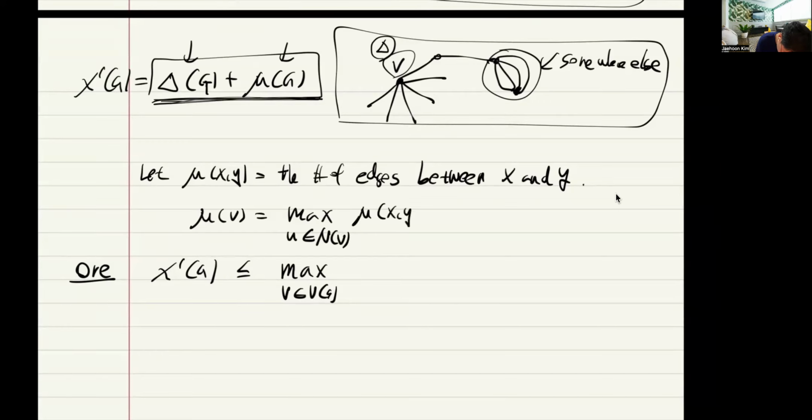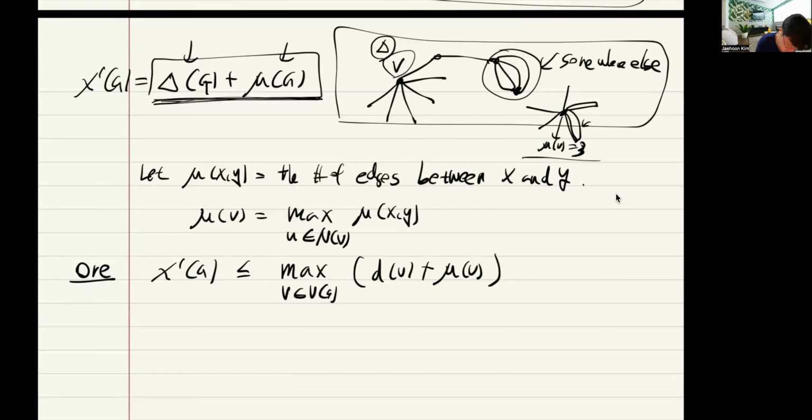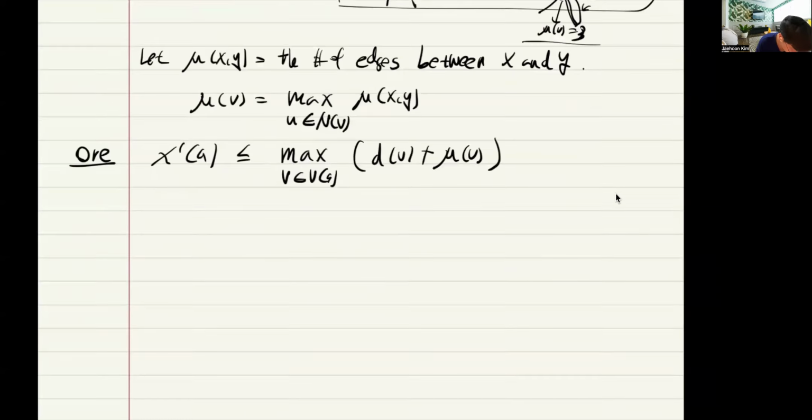You consider the largest edge multiplicity at this vertex: this one is the largest, so you keep mu of b as 3 here. Then this is the maximum of the degree of b plus the multiplicity of b.